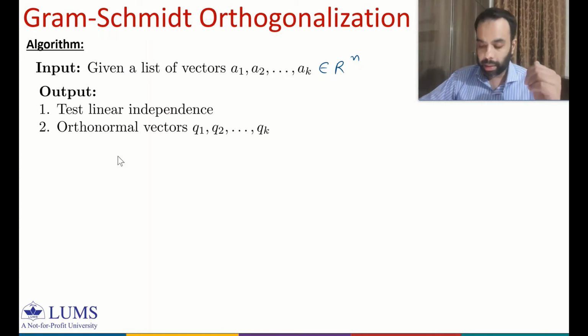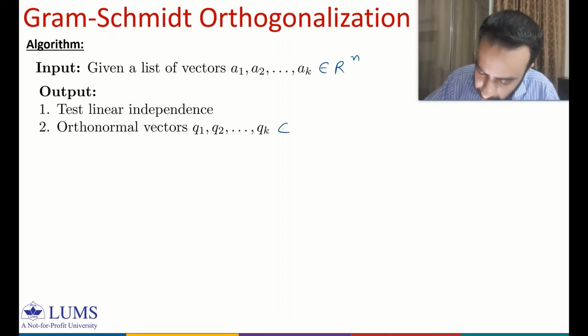If the vectors a1 to ak are linearly independent, then the algorithm produces orthonormal vectors q1, q2, up to qk that belong to Rn.